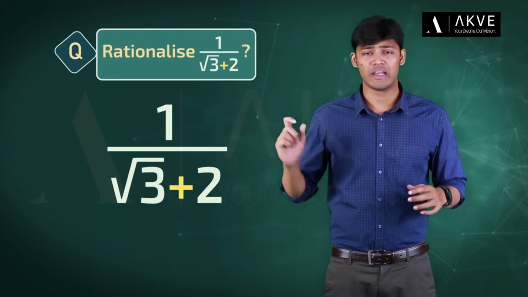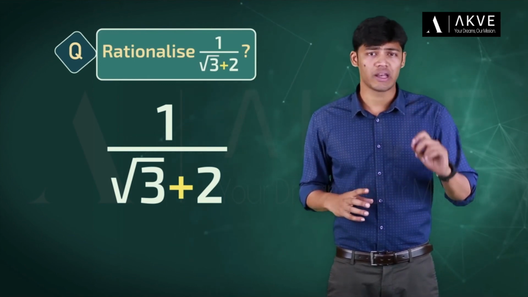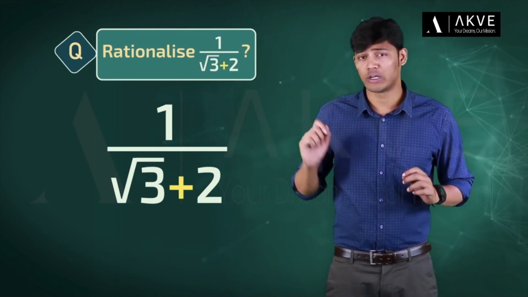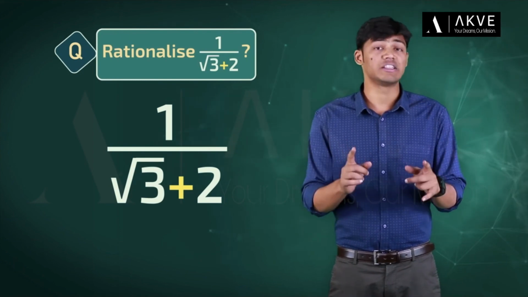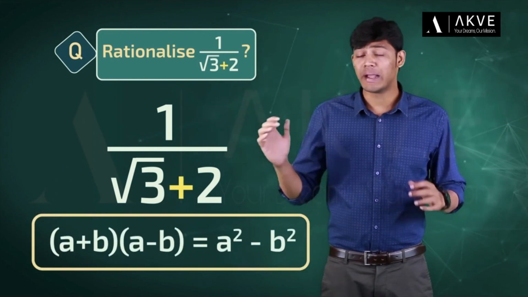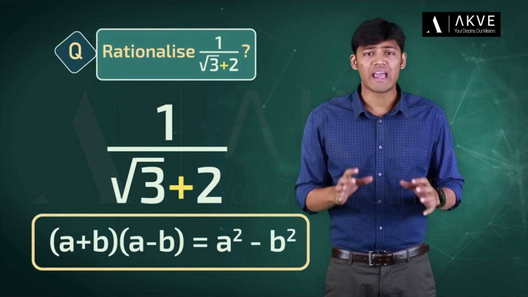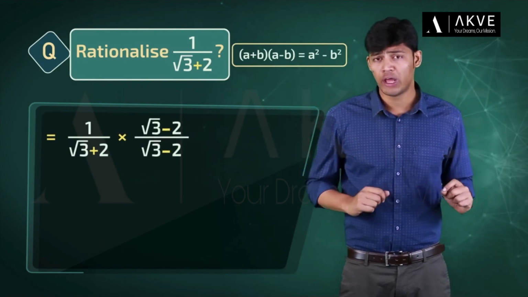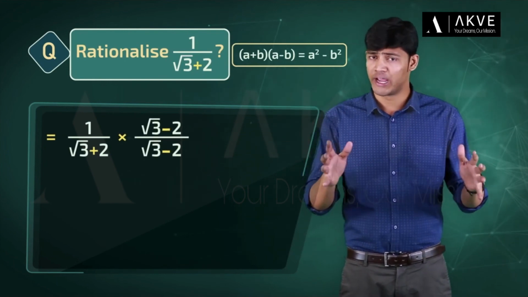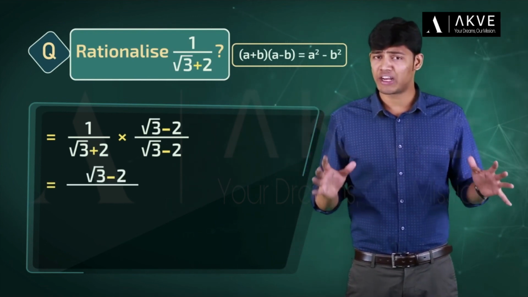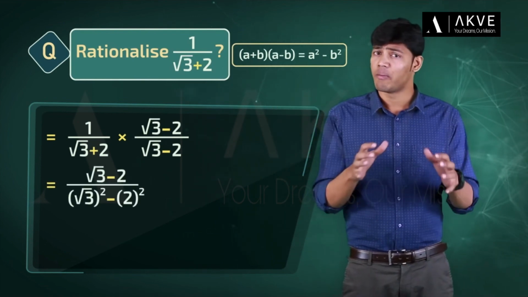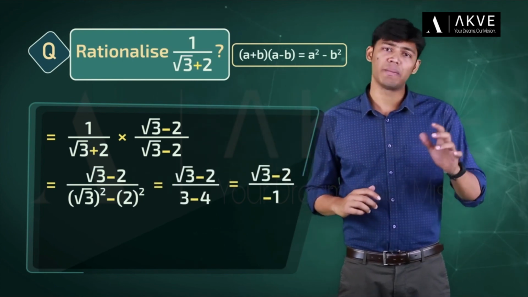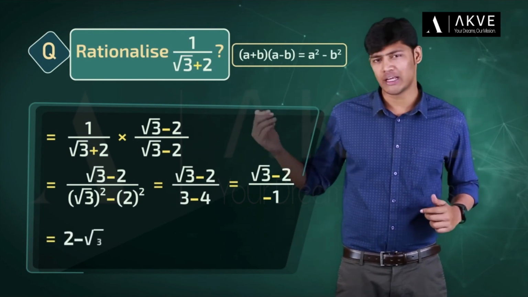Since we have a binomial in the denominator of which 1 term is an irrational number, there is only one way: I can square the individual terms in the denominator. And that is by using the identity a plus b multiplied by a minus b equals a squared minus b squared. So, if we multiply by square root of 3 minus 2 in both the numerator and the denominator, we get square root of 3 minus 2 divided by square root of 3 whole squared minus 2 whole squared, which is nothing but square root of 3 minus 2 divided by minus 1, and finally 2 minus square root of 3.